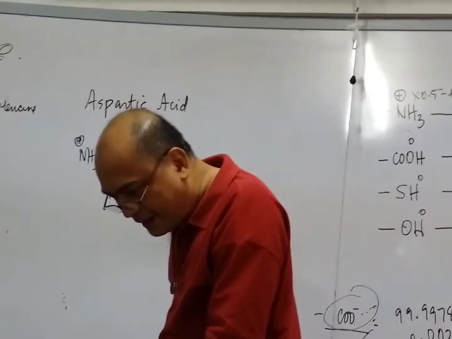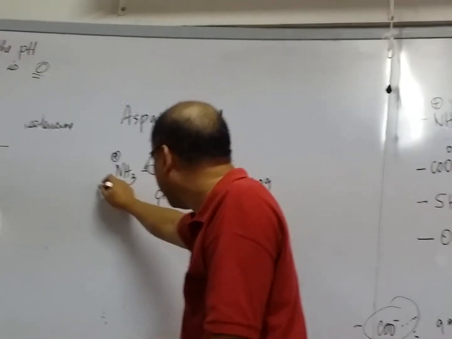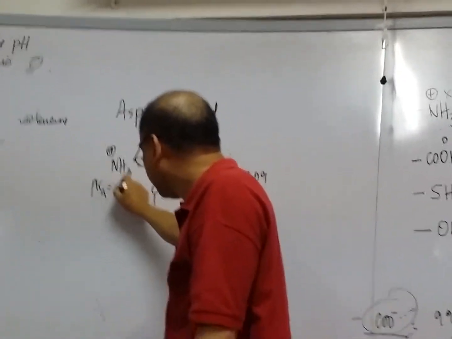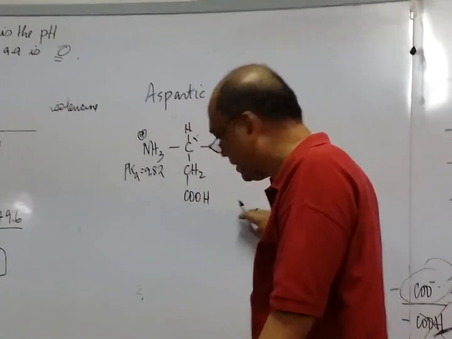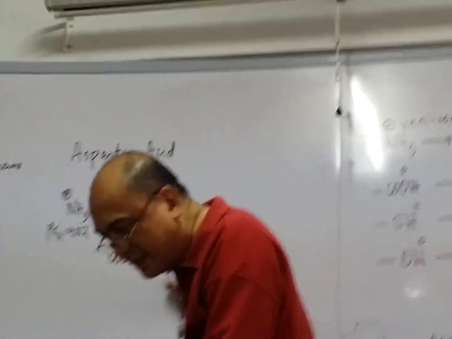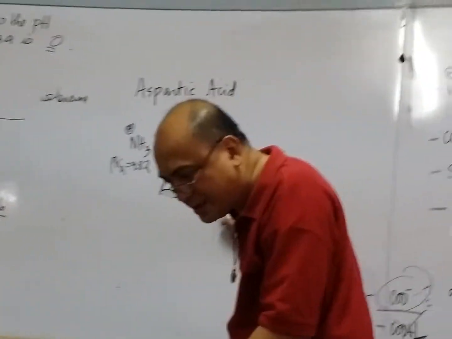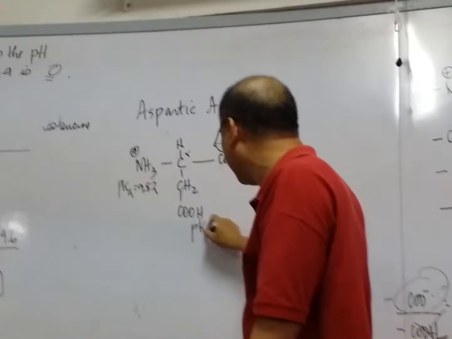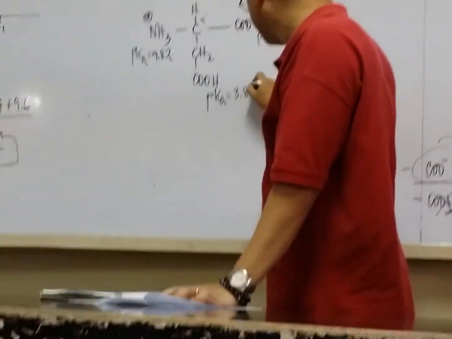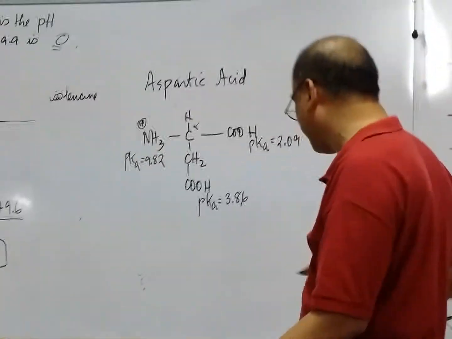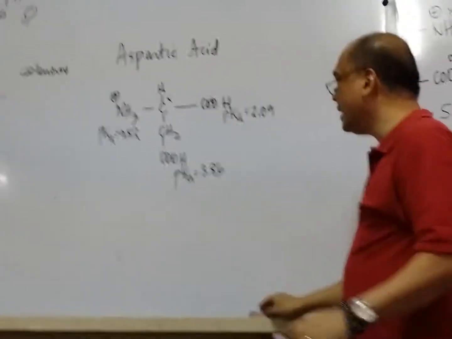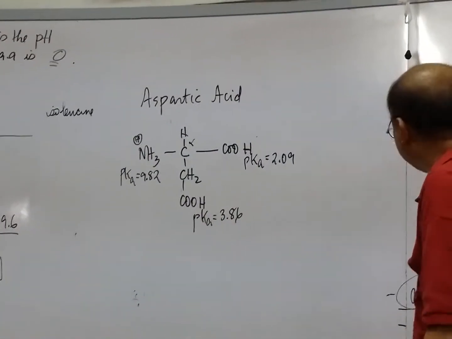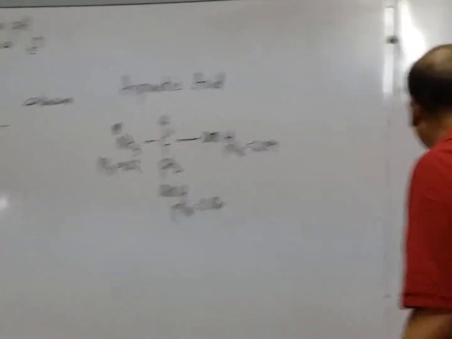And then the alpha amino group pKa is 9.8. Then the R group pKa is 3.86.